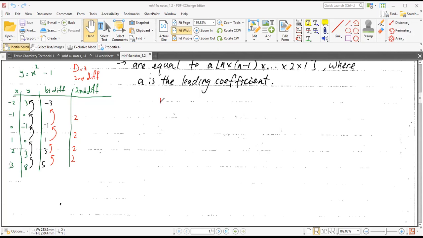So the leading coefficient is equal to the nth difference divided by n factorial.